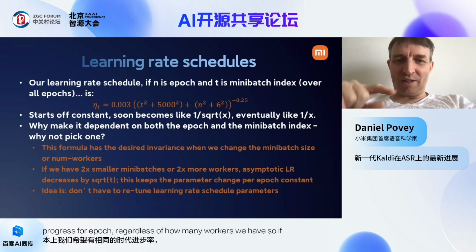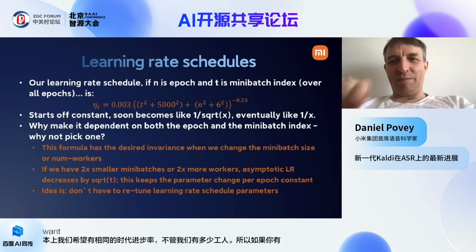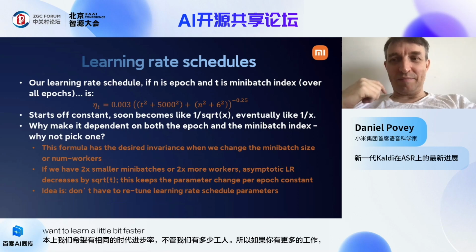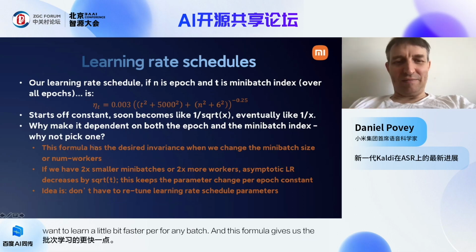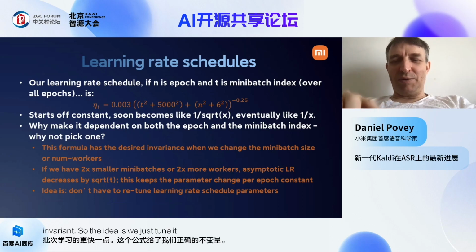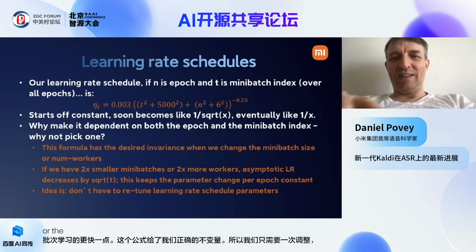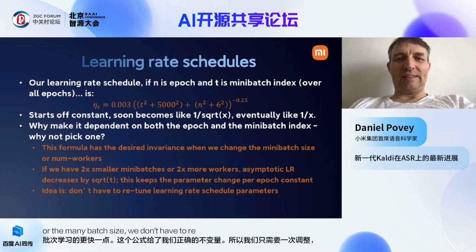So if we have more workers, we want to learn a little bit faster per mini batch. And this formula gives us the right kind of invariance. So the idea is we just tune it once, and then when we change the number of workers or the mini batch size, we don't have to retune it.